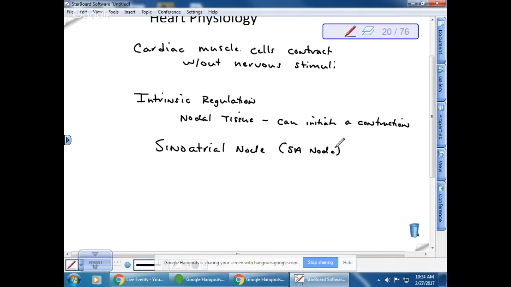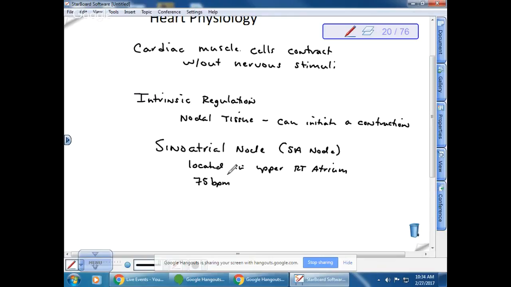So we'll just put located in upper right atrium. Okay, so this is what initiates it, and it initiates it at about 75 beats per minute. So it creates the average normal resting heart rate, but obviously the heart can increase when it needs to, and it can also decrease.